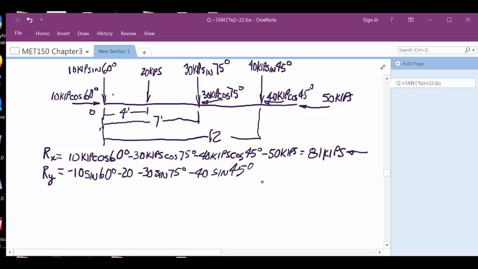That's it, right? It's all the Y values. Not the 50, all of them. 50 is an X only. Now, if I do the math in that or cheat and look, it says it's 85.9 kips going down.